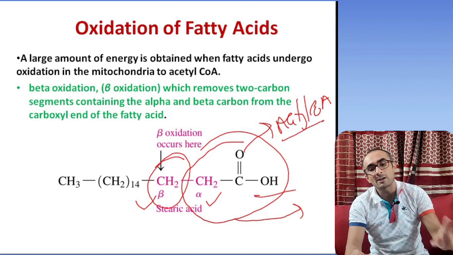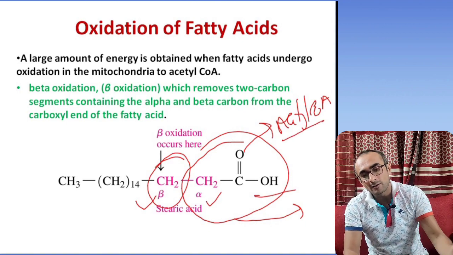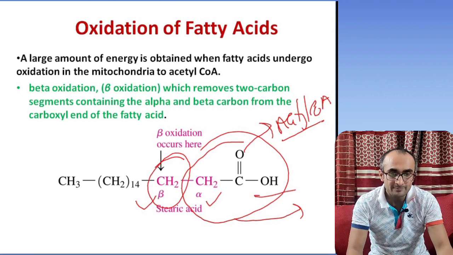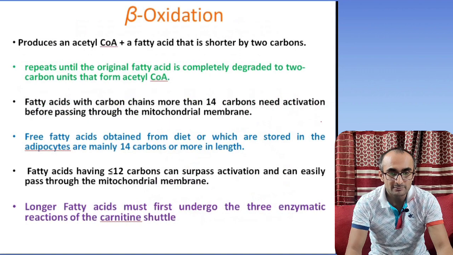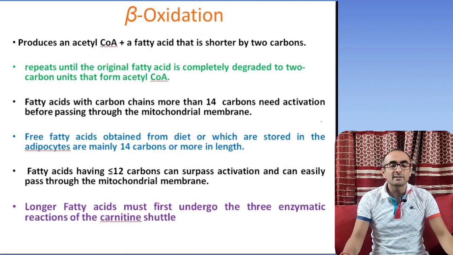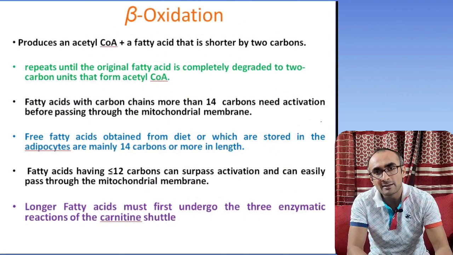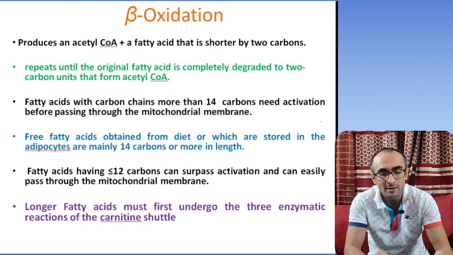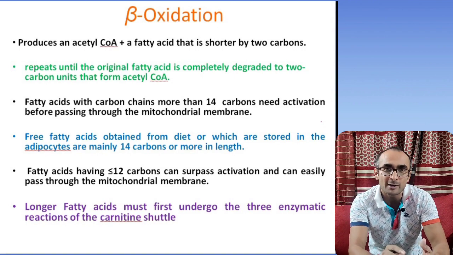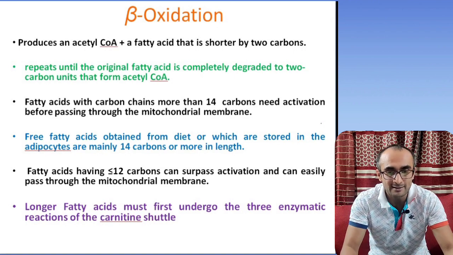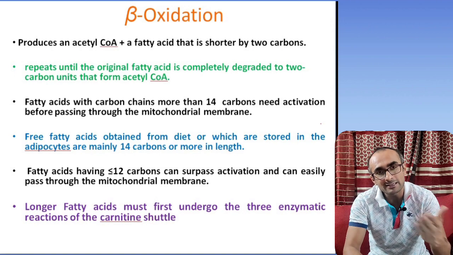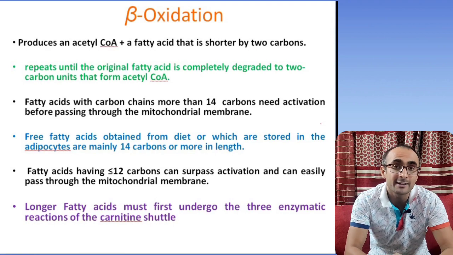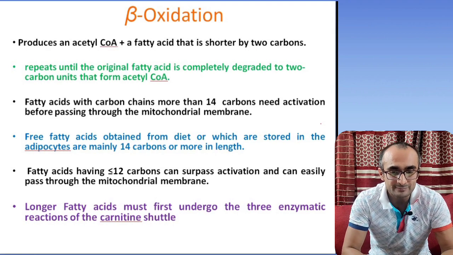So 2 carbon atoms of the fatty acid, one after another, get removed in the form of acetyl coenzyme A. So in beta oxidation, after every cycle the fatty acid produced will be 2 carbons shorter, because both carbons form acetyl coenzyme A and are released from the fatty acid, and it will keep repeating. The cycle continues until all the carbon atoms of the fatty acid are converted into acetyl coenzyme A.